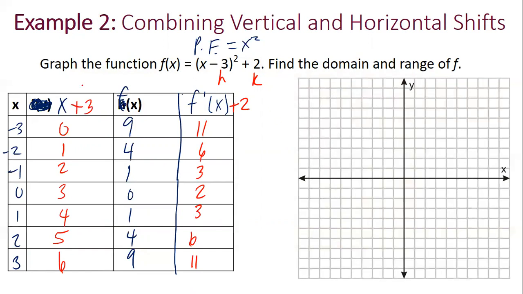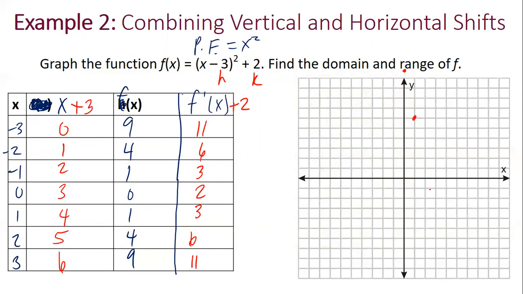So I go to 0 and I'm going to go where? To 11. So 0 up to 11, 1, 2, 3, 4, 5, 6, 7, 8, 9, 10. Remember, this is 11. Bam. I'm going to go to 1 and go to 6. 1, 2, 3, 4, 5, 6.